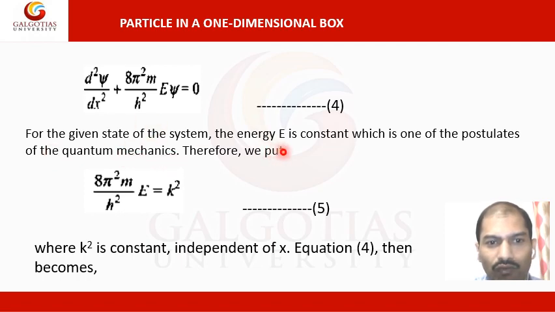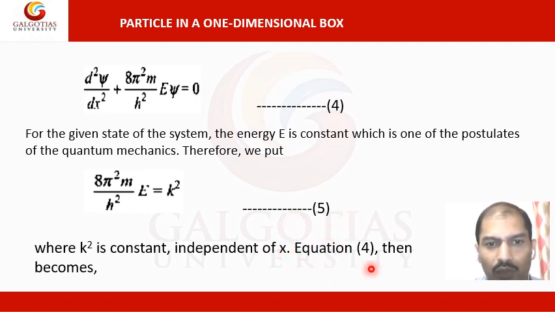So we can represent 8 pi square m upon h square into E in a simple way by k square, which is a constant and independent of x. Here x means the particular position at which you are finding the probability.